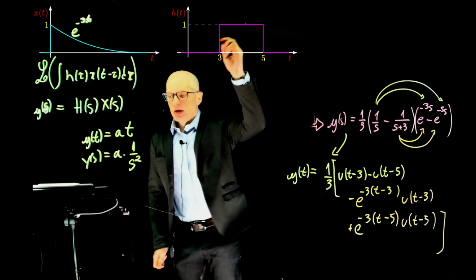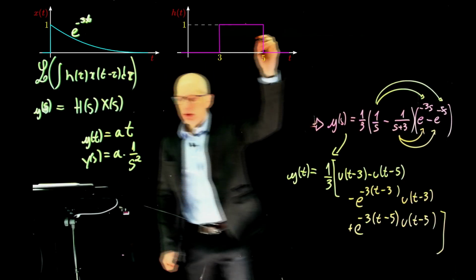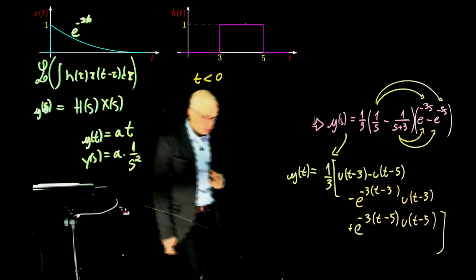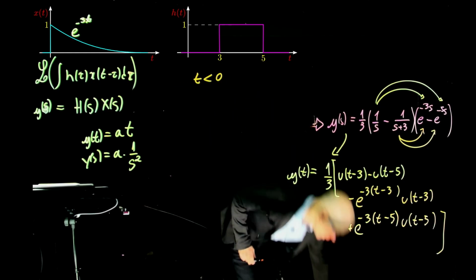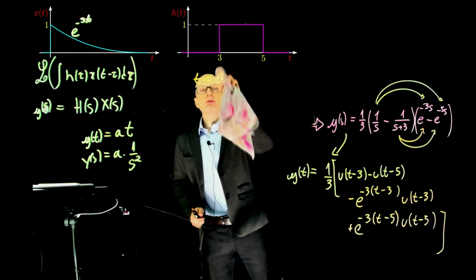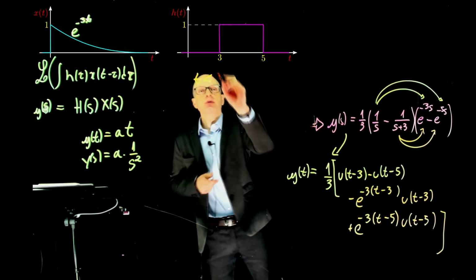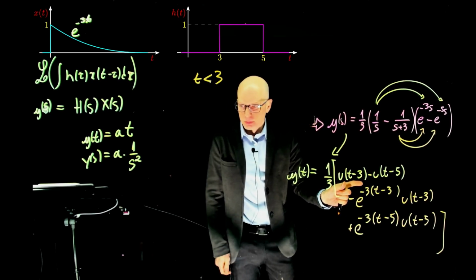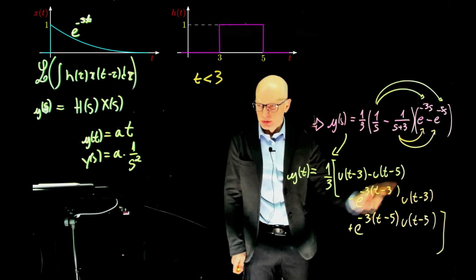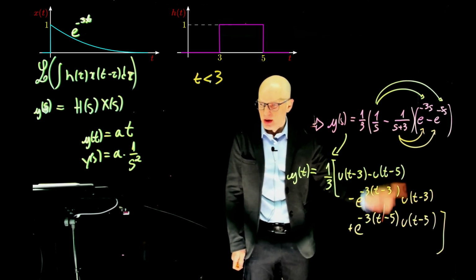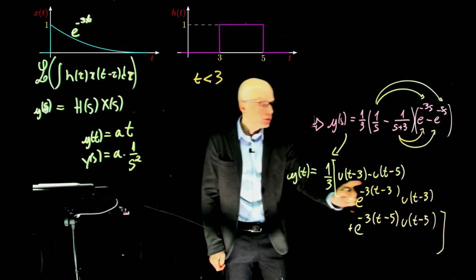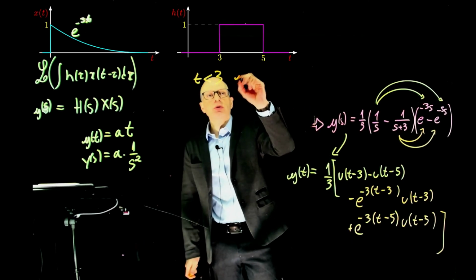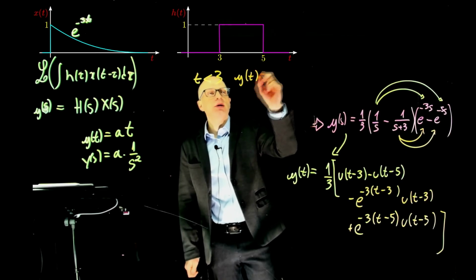So what happens if t is smaller than 3? Then this step function is 0, this step function is 0, this is 0, and that's 0. Everything becomes 0, because all the results inside of these step functions are 0. So for t smaller than 3, y of t is 0.